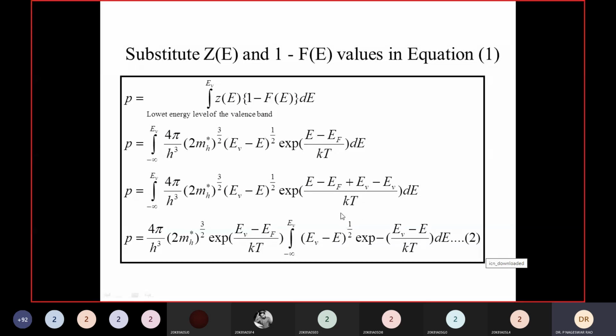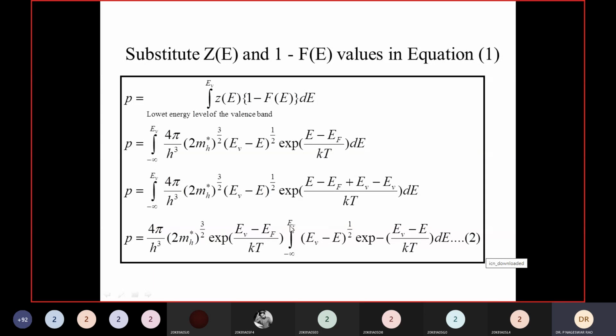This EV and this E I keep inside the integration, and the remaining I keep outside. What is that remaining? EV and EF: EV minus EF by KT I keep outside. The remaining exponential term is E minus EV by KT, taking minus common here.